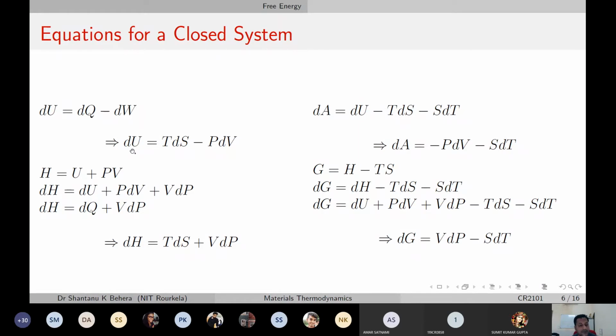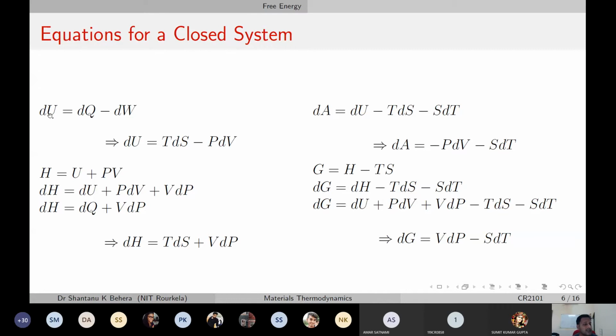Talk about dU, that's the change in internal energy; dA, which is connected to the constant volume system, the Helmholtz free energy; and the enthalpy, which is dH, related to constant pressure processes, and its corresponding free energy function, which is the Gibbs free energy. These are very fundamental equations. I think it's not very difficult to remember them, but even if you don't remember, you can simply derive the expressions from simple first and second law of thermodynamic principles. So let's simply go over that.